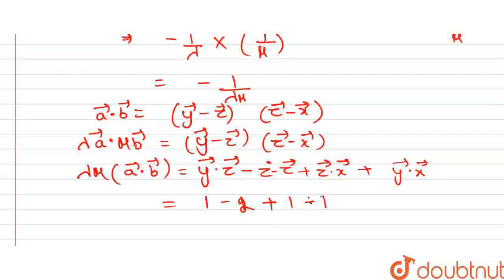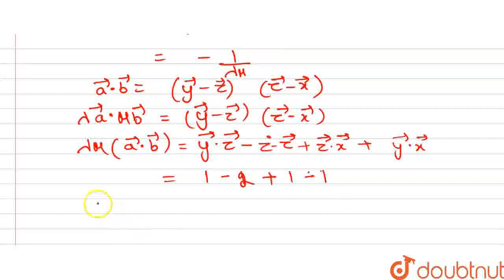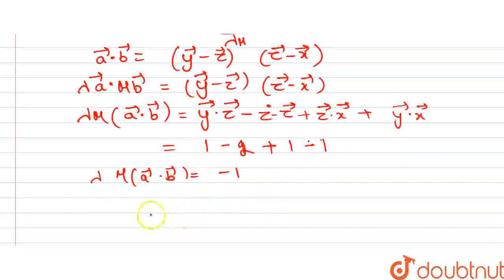So from this we can write here lambda mu A cross B is equal to -1 and A vector dot B vector equals to -1 by lambda mu. So this is also proved. Option C is correct here.